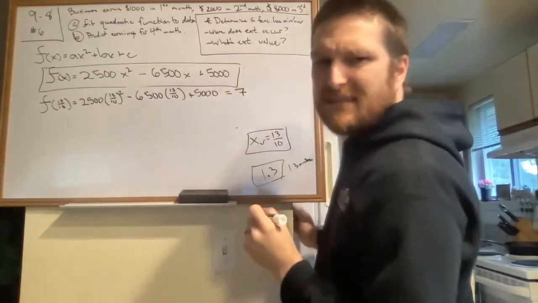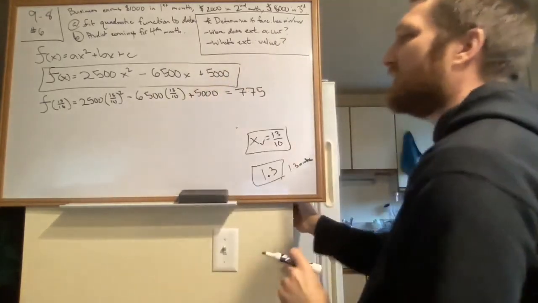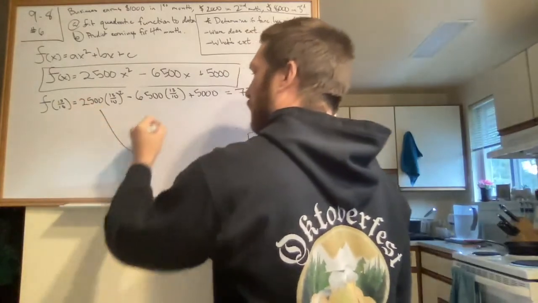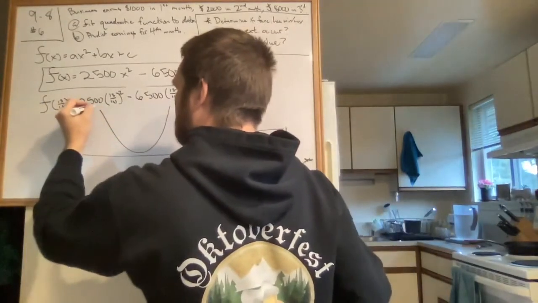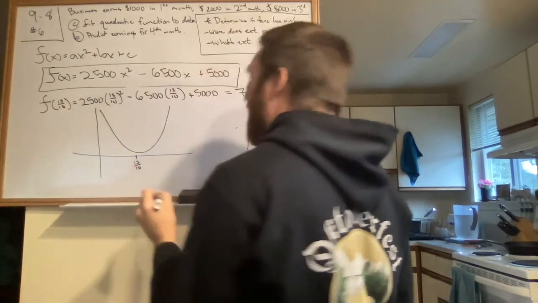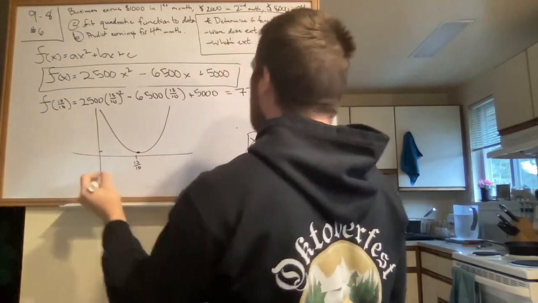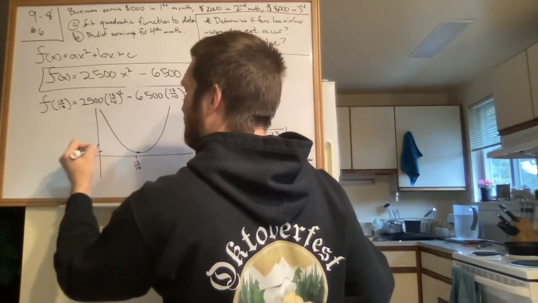I get 775. So what is that extreme value? Well, going back to what we got here, it says that here at 13 over 10 or at 1.3, the minimum value that we got out was $775.